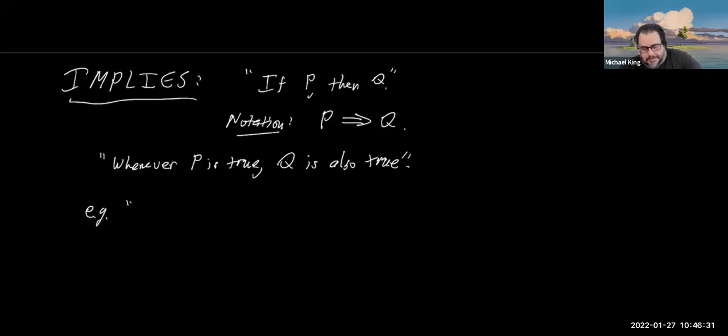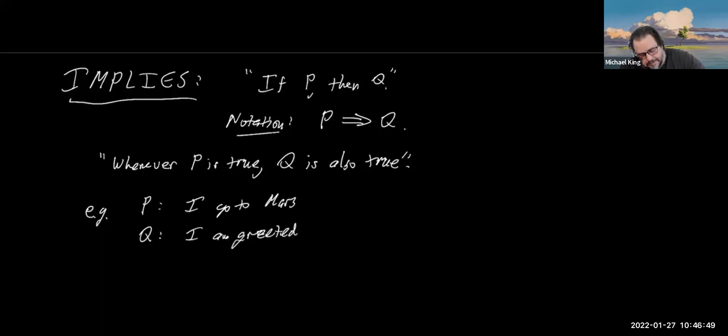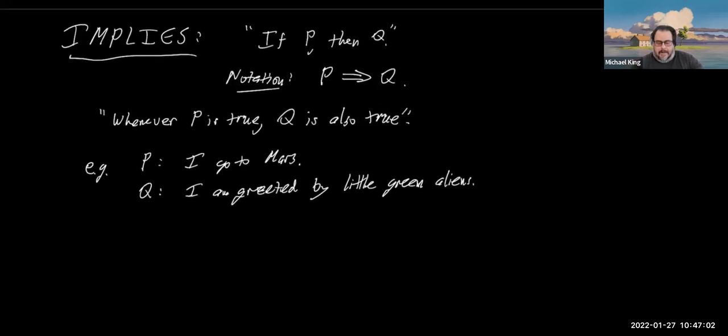If P is a statement, I go to Mars, and Q is a statement, I am greeted by little green aliens, those could be my P and my Q there.